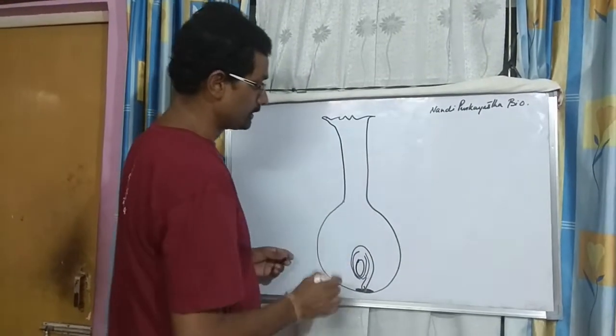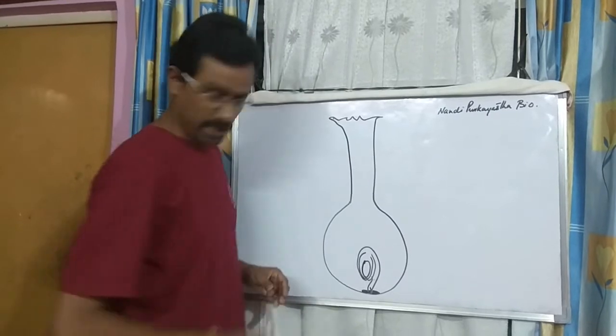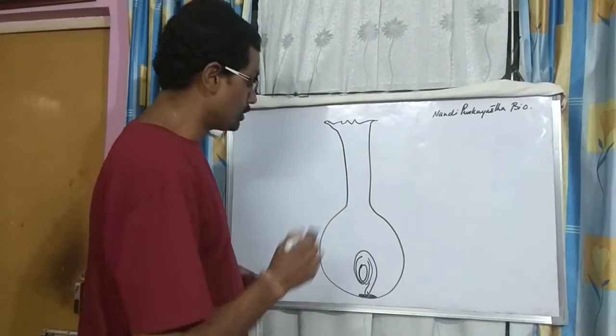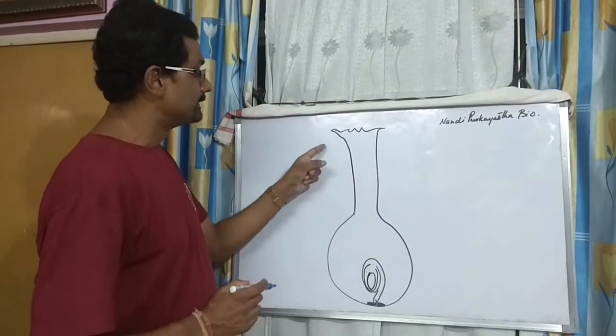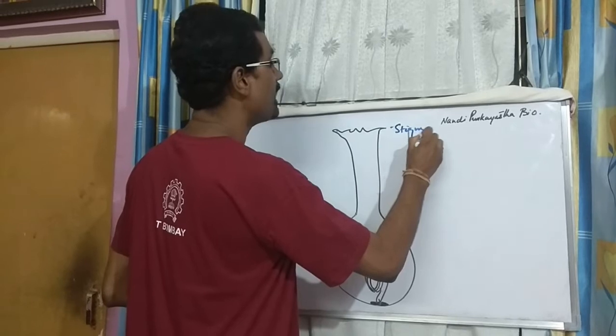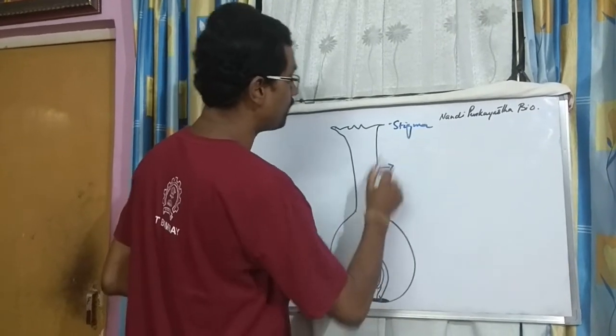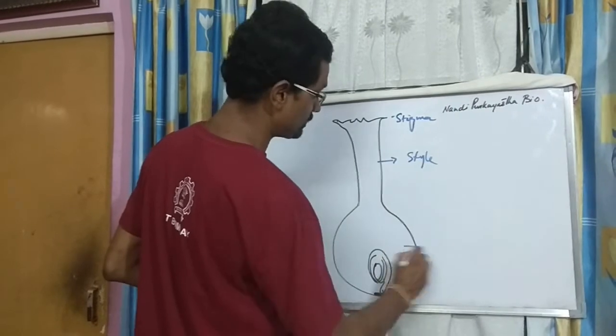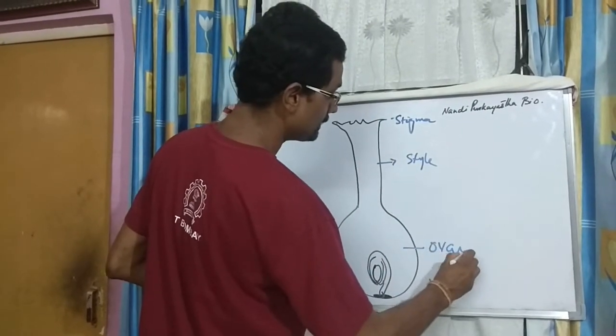So now this is the diagram we have here. So what is happening here? This is the stigma. Stigma, parts of the carpels, style. And what is this one? Ovary, embryo sac.